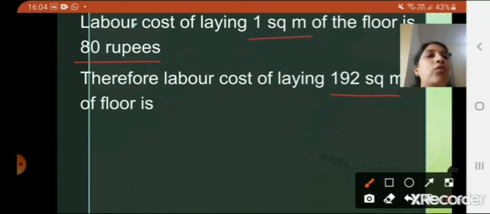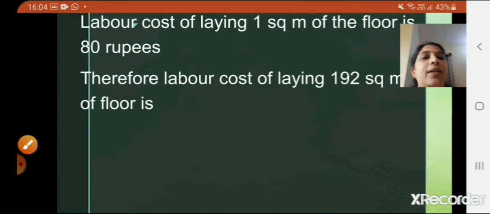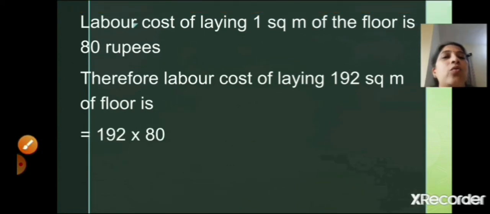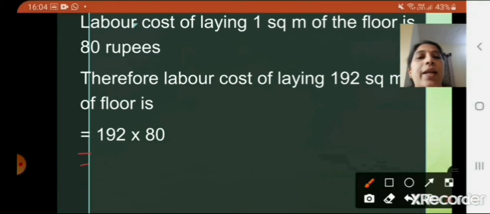So we have to find out for 192 square meter. So we are multiplying 192 into 80, right? So is equal to 192 into 80. So what we will do, we will carry out multiplication. 8 2s are 16, 1 carried over, 8 9s are 72, plus 1 73, so 7 carried over, 8 1s are 8, 8 plus 7 is 15, and this 1 0 is remaining, that we will put over here.